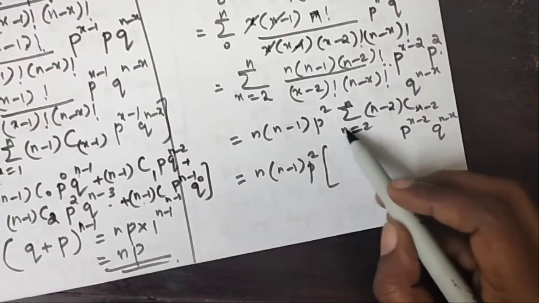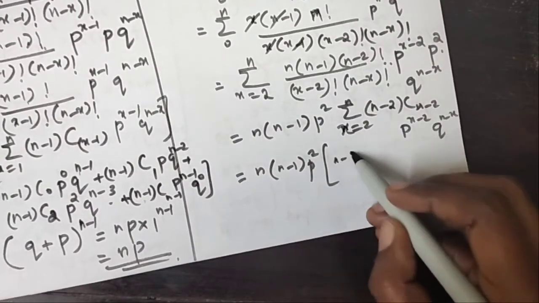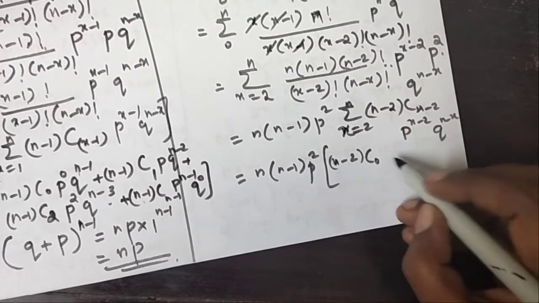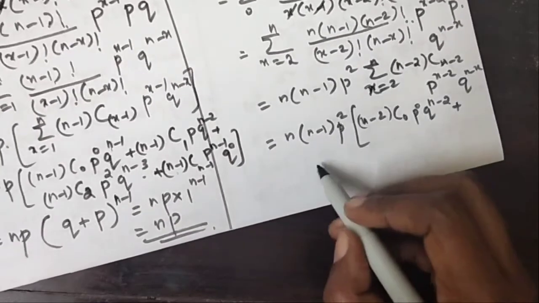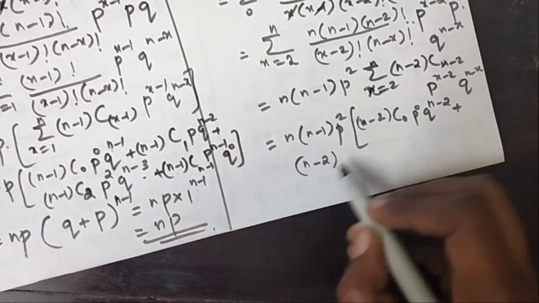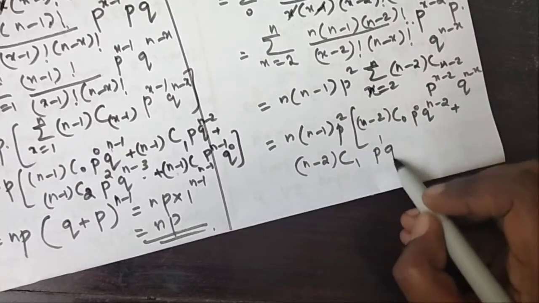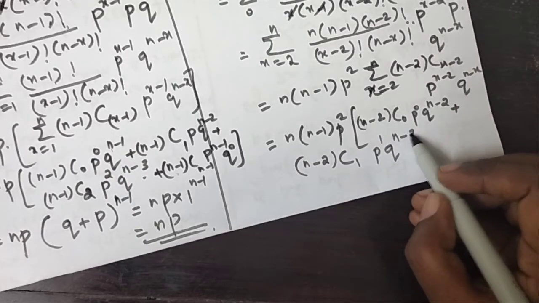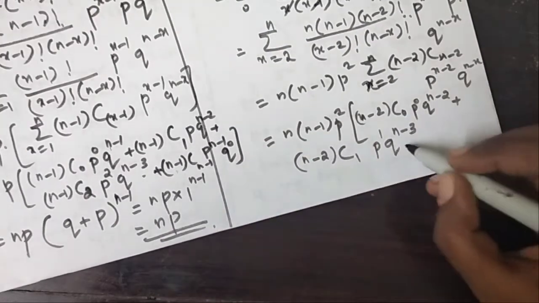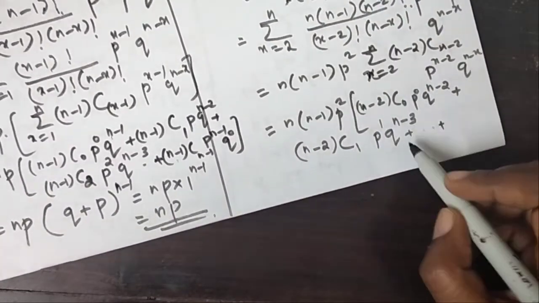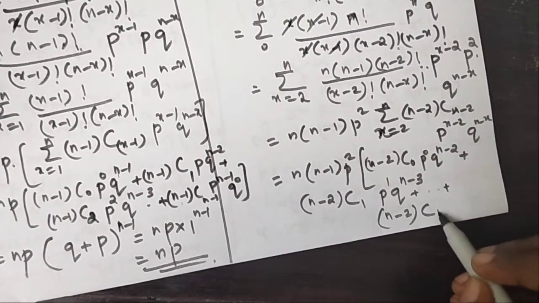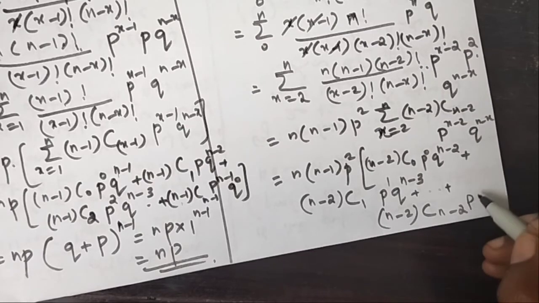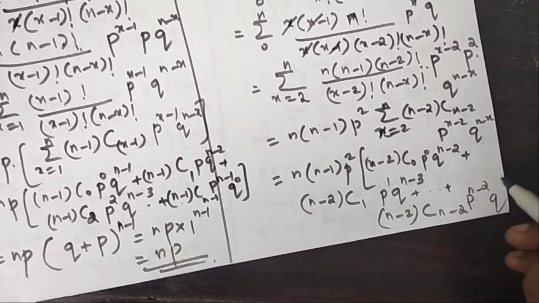If x is 2, n minus 2 C 0 p raised to 0 q raised to n minus 2, plus if x is 3, n minus 2 C 1 p raised to 1 q raised to n minus 3, then etc. Last term, if x is n, n minus 2 C n minus 2 p raised to n minus 2 q raised to n minus n, that is 0.